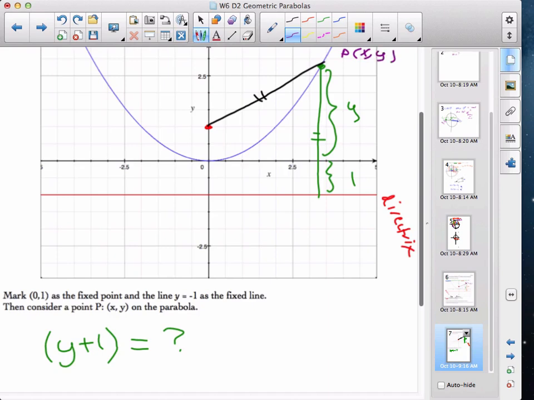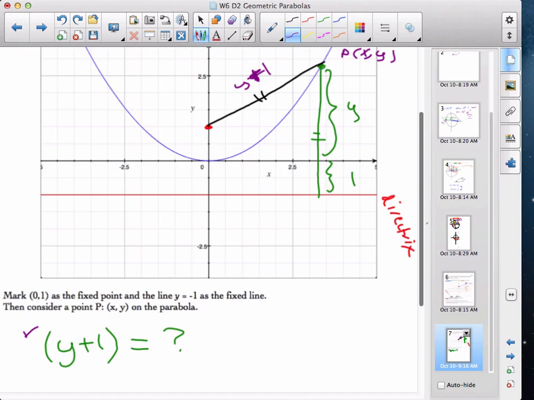And we know that that line is equal to the hypotenuse, from the focus to point P. These two lengths are equal. Then we know that that line is also equal to y plus 1. Right, so this line does have to equal y plus 1.